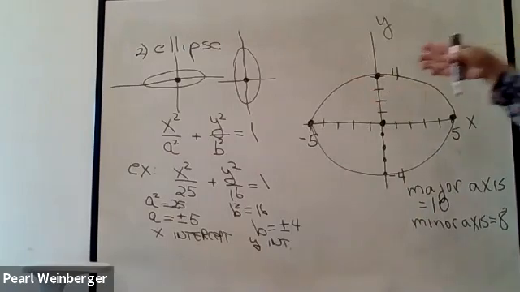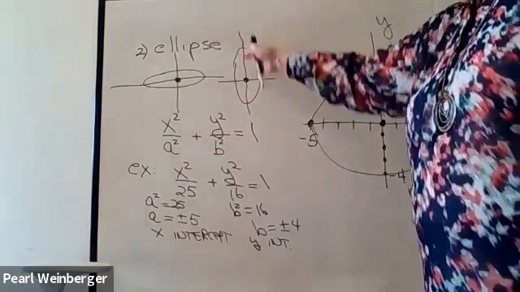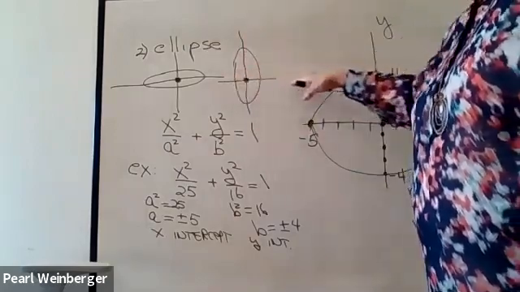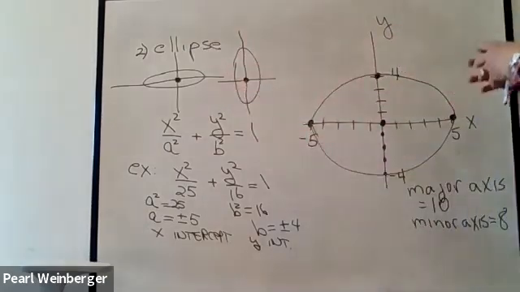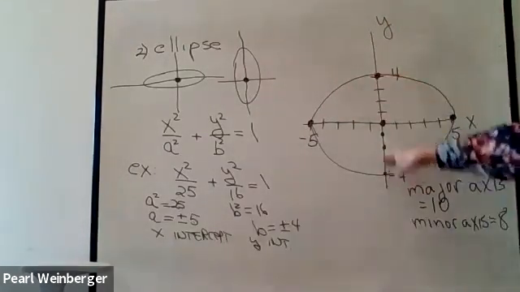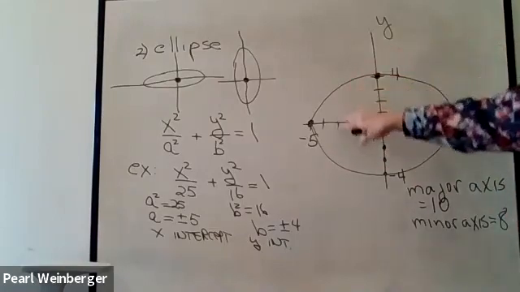Notice, if I had this type of an ellipse, the major axis would have been along the x-axis and the minor axis would have been along the y-axis. The major axis stands for the longer one, the minor is the smaller one. In this case, they are very close in size. That's why our shape is closer to a circle.